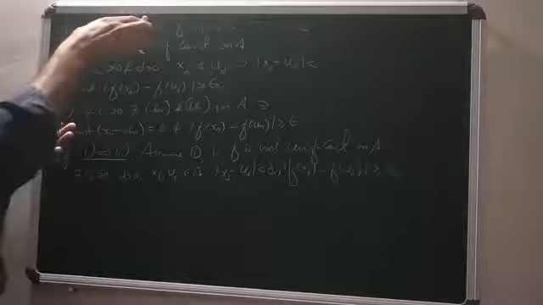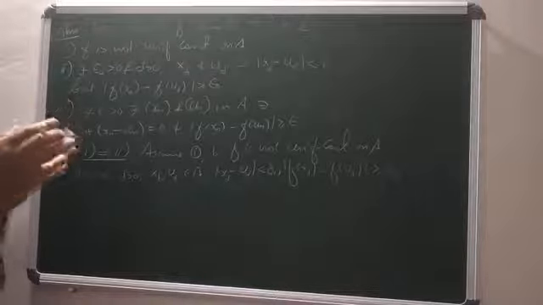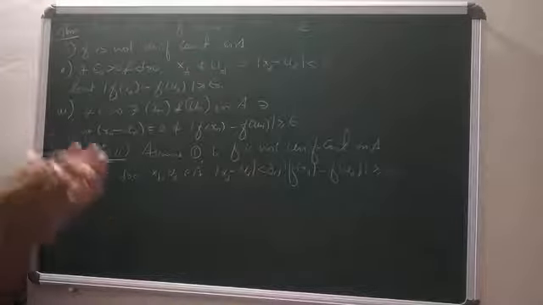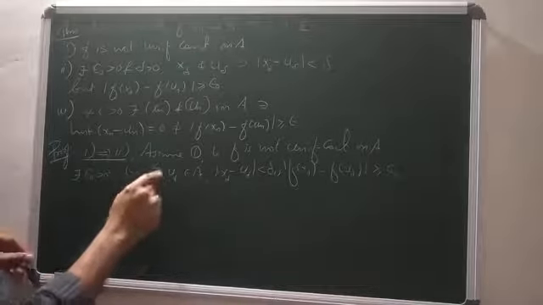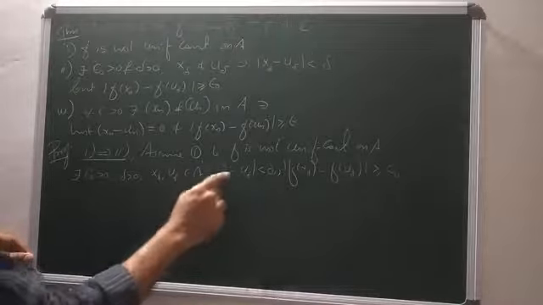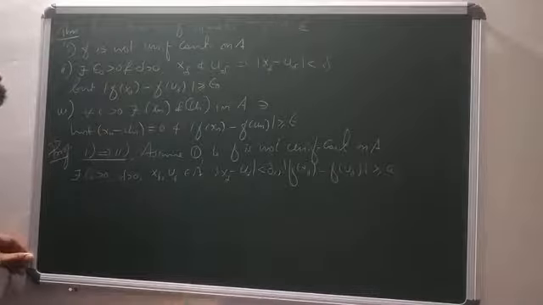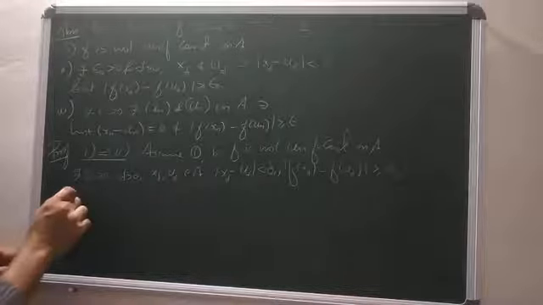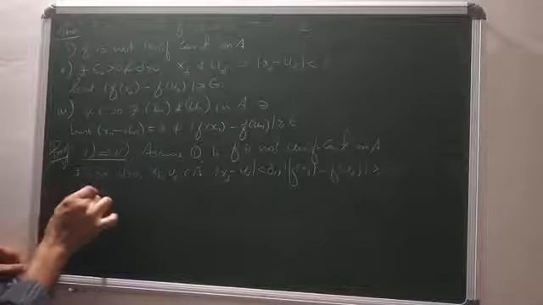When f is not uniformly continuous, then by the definition of non-uniformity, there exist some epsilon positive and delta positive, and any two points x and u in A with modulus of x minus u less than delta have f(x) minus f(u) greater than or equal to epsilon naught. Okay, so 1 implies 2 is immediate. Now 2 implies 3.